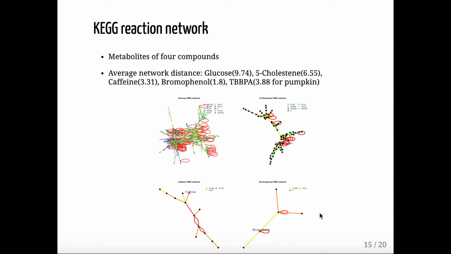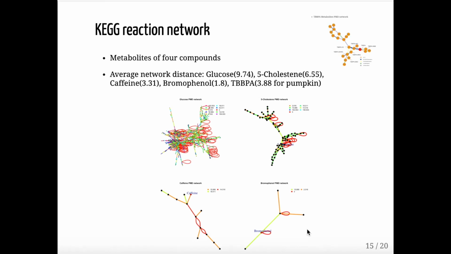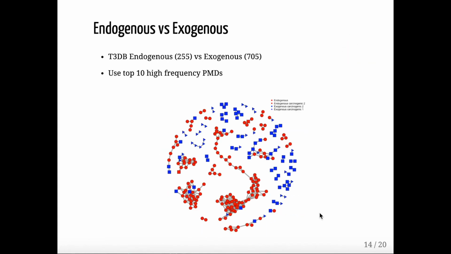We just calculate what I call the average network distance of the compounds. For example, the average network distance of TBBPA is around 4, and the network structure complexity is just in the middle between the endogenous compounds and the exogenous compounds. If you check the real data, it is also like this.